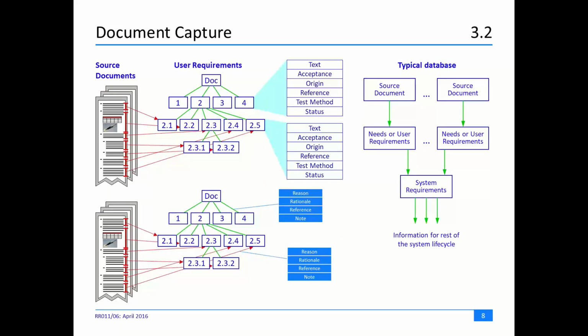When we're capturing documents into Cradle, we call them source documents. On the left-hand side of this picture, we have 2 example source documents. And here we're trying to show that each of those source documents can exist in multiple versions, multiple issues or releases. We start with the source document, and we have tools within Cradle that will automatically split that document into a hierarchy of sections and subsections.